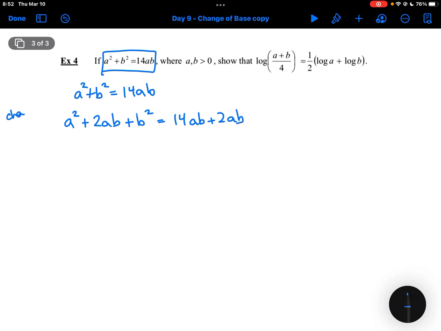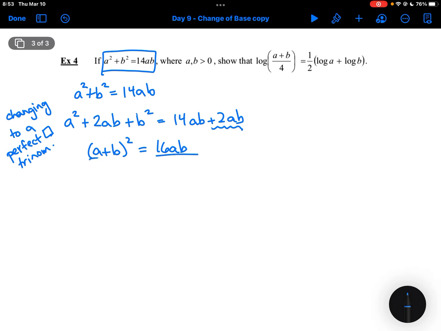So I'm changing to a perfect square trinomial. Okay, so this is going to let me factor it as a plus b all squared equals 16ab. The only reason I added it on the right-hand side is to make sure that my expression didn't change.